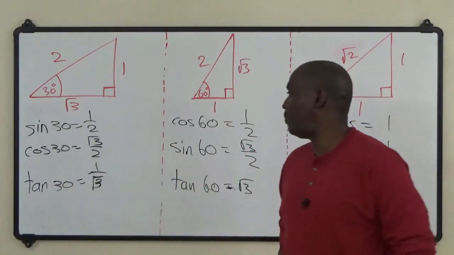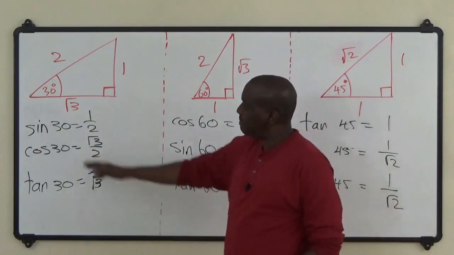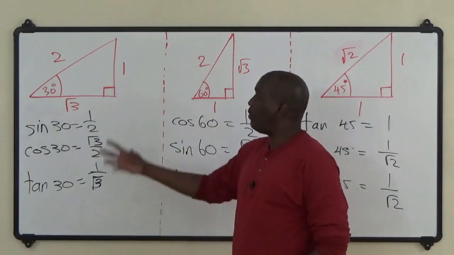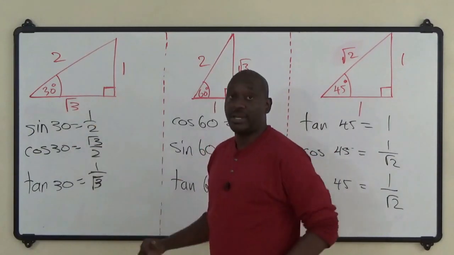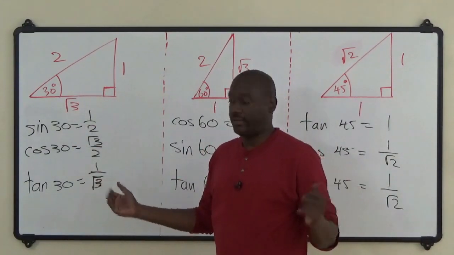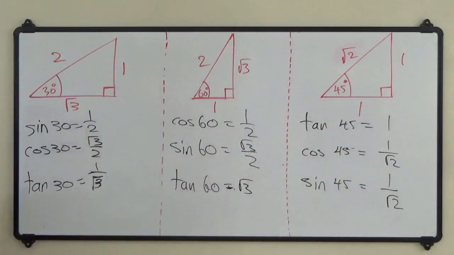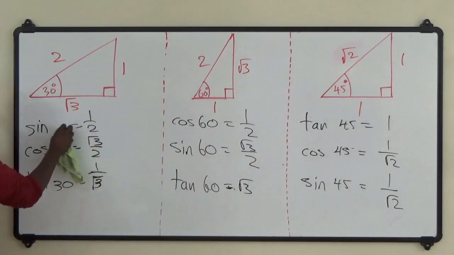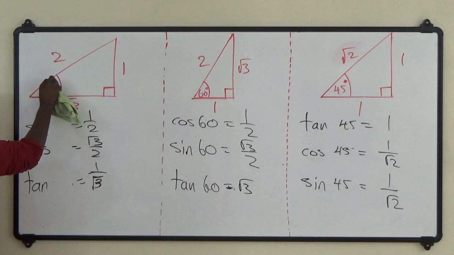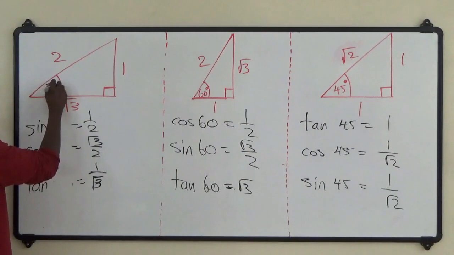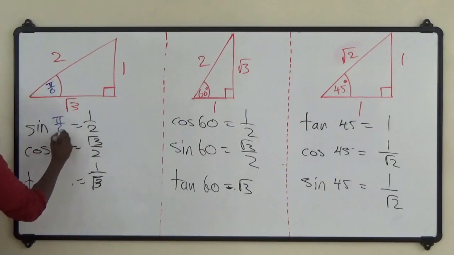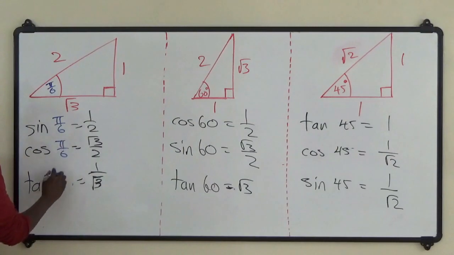So we start with degrees and we know that 30 is pi on 6. So all we do, having gone through this for 30 degrees, is replace 30 degrees by pi on 6 and boom, we are in radian territory. So watch it now. Instead of 30, you now have sine of pi on 6, cosine of pi on 6, tan of pi on 6.